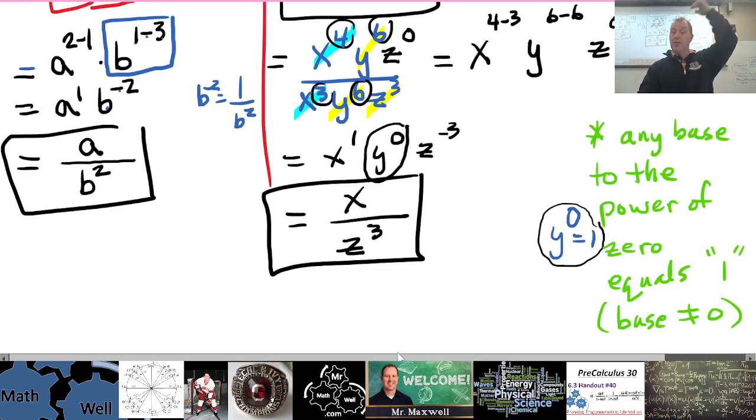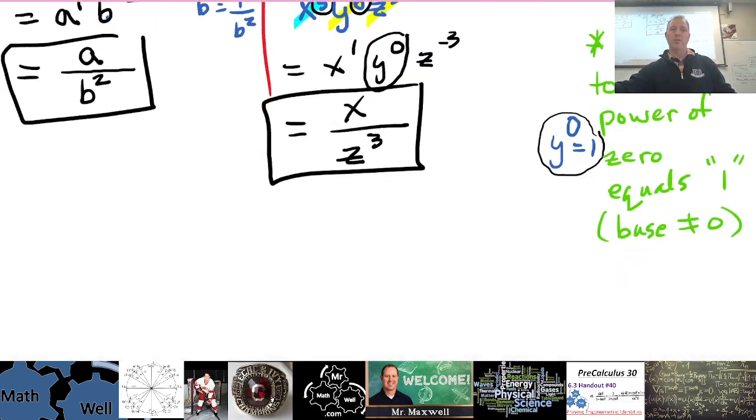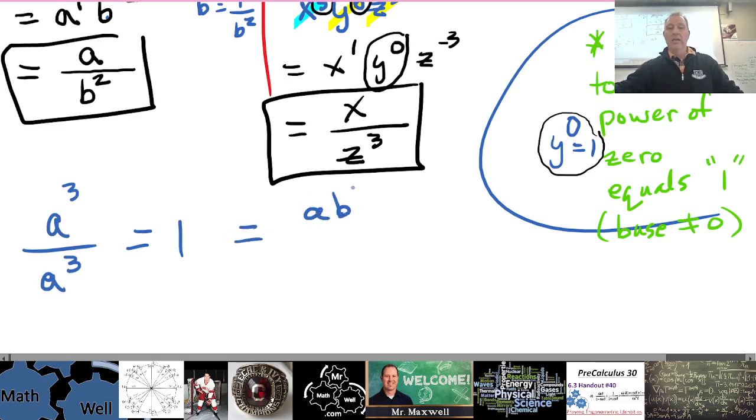And I'll explain that just real briefly here if you want an explanation as to why that is. Because if you have anything like a cubed and you divide it by itself, that always equals 1, right? You know what else equals 1? b to the 4th divided by the same thing, b to the 4th. That also equals 1.